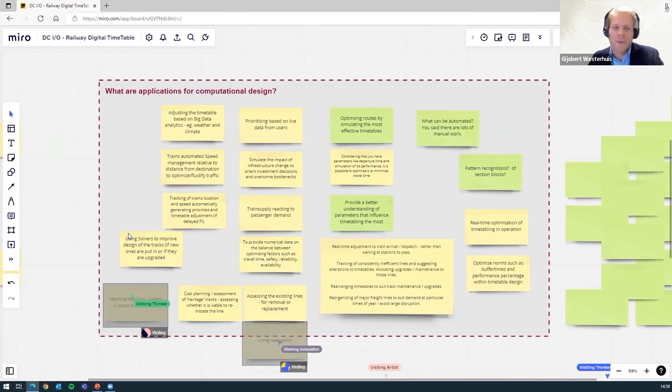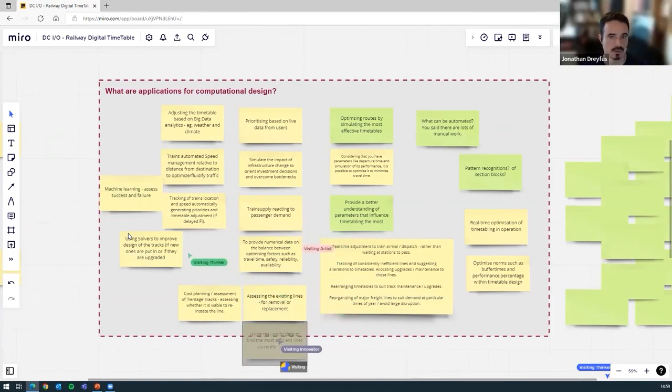Would another person like to give some information about what they have written down? Maybe the idea of tracking and speed as well.